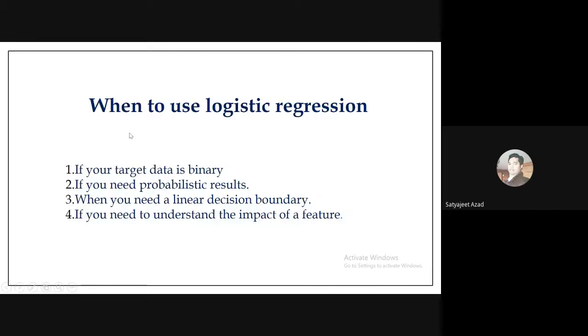So now, when can you use logistic regression? The typical way of using it is when your target data is binary. Most cases in real life, and also in business problems, are binary.